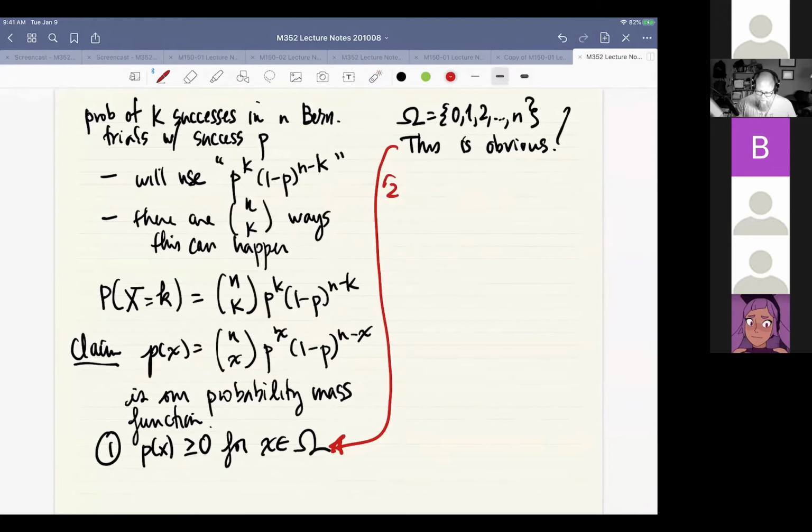So next, I want to prove that if I add up all my probability mass functions, I'm going to get 1. To show you that, I'm going to move to the next page, and I'm going to recall the binomial theorem for a second.